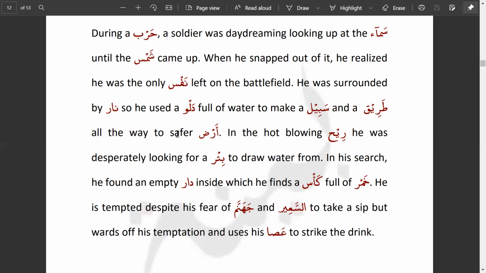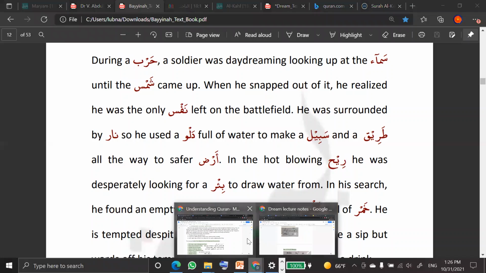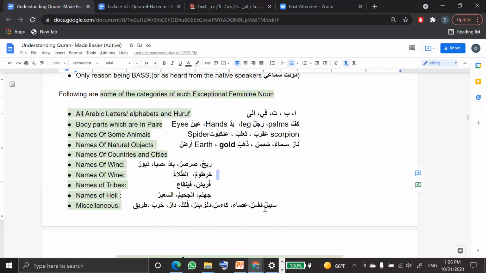Let's go back to our notes. Yes, I listed all these words in my notes. Sabilun, nafsun, asa, kaasun, dalaw, bir. Fulkun is ark, boat. Darun, harbun, tariq. So all these are considered feminine.